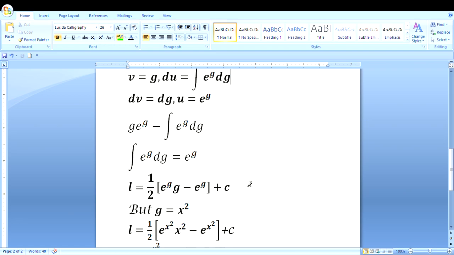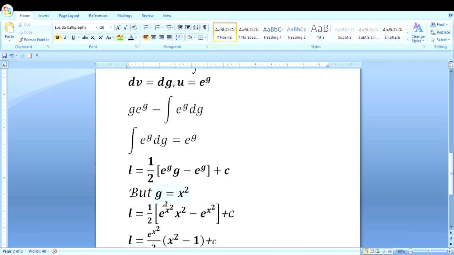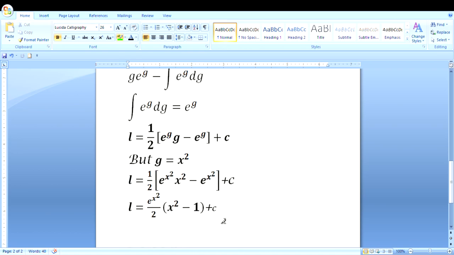But we recall that we let g is equal to x squared. So in place of g in the function here, we substitute it so that this becomes 1 over 2 open bracket x squared exponential x squared minus exponential x squared close bracket plus c, where c is an arbitrary constant.